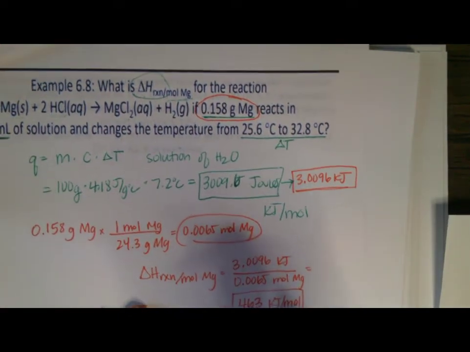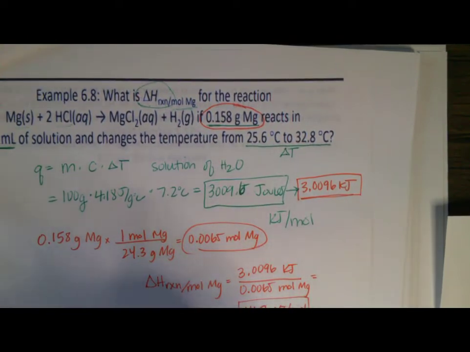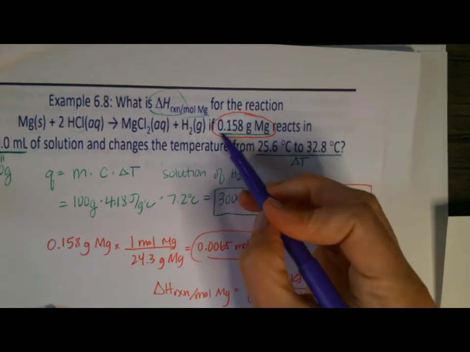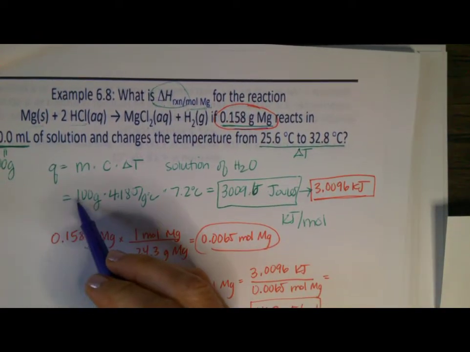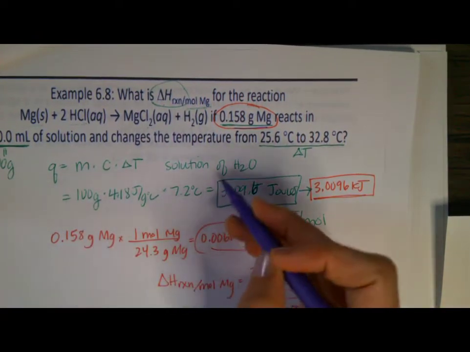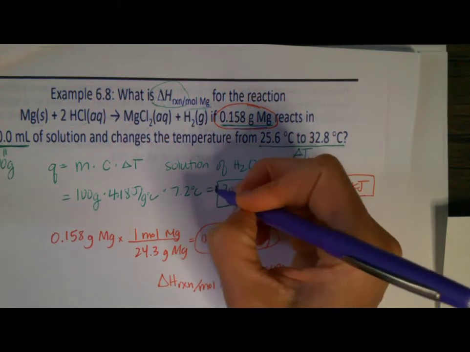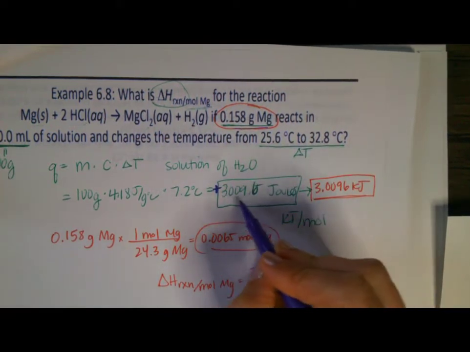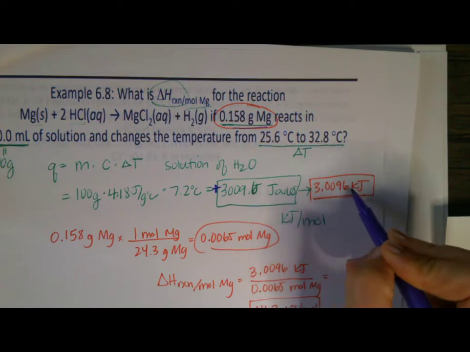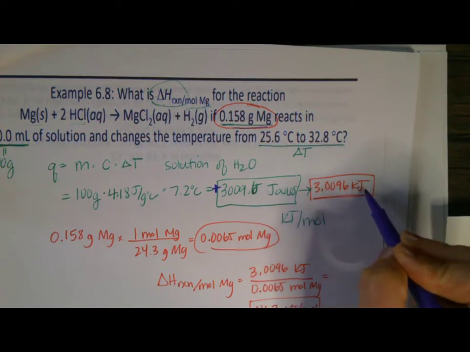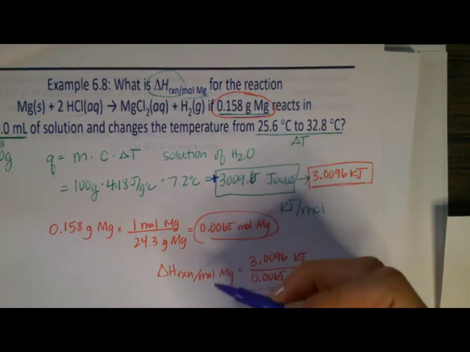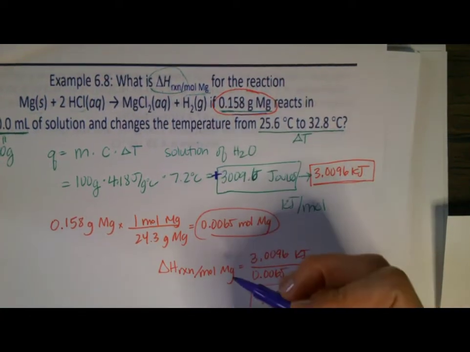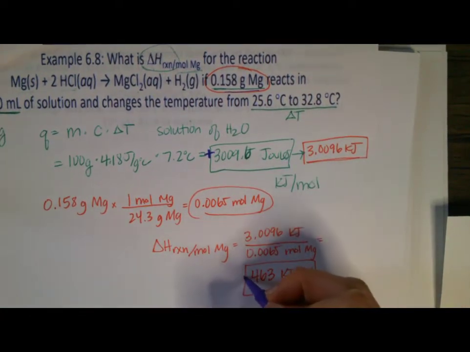So when we look at this, just to make sure everything looks right, when we place this 0.158 grams of magnesium into solution, it absorbed heat. The solution absorbed heat. This is a positive 3,000 joules or 3.0096 kilojoules, which means that if this is absorbing the heat, then this must be releasing heat.